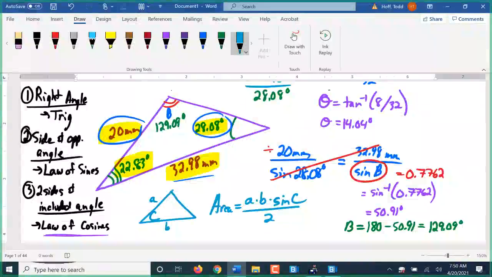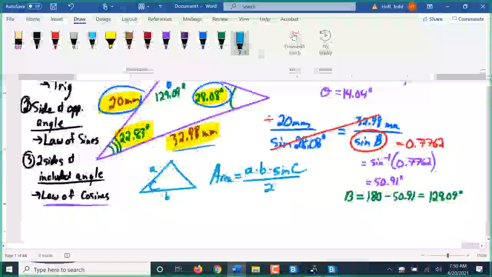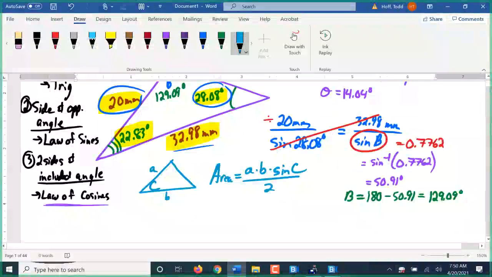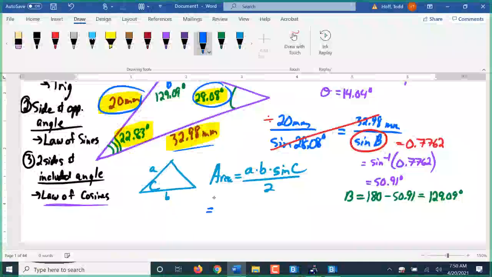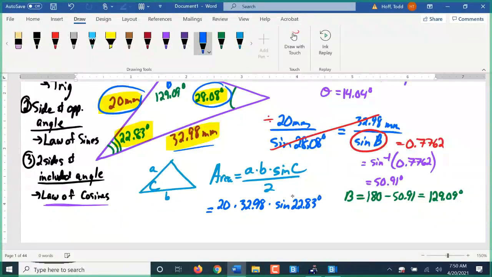So that'll allow us to find the area of this triangle without having to find the third side and use Hero's formula. That would be a little clumsy here. So we have 20 millimeters times 32.98 millimeters times the sine of 22.83 degrees over 2.